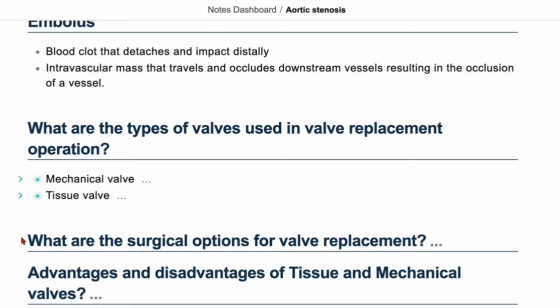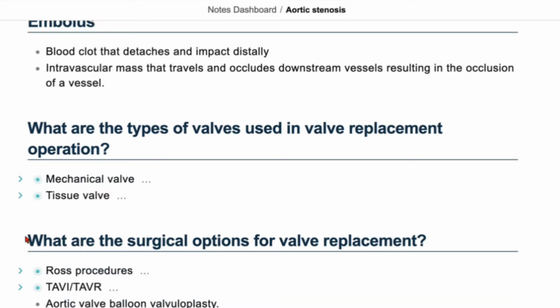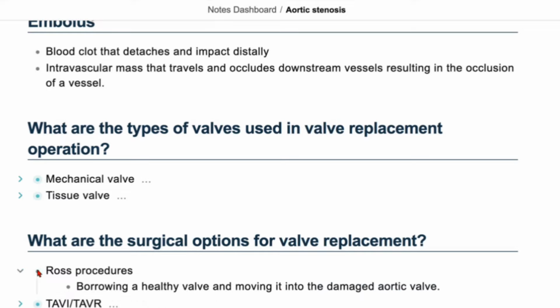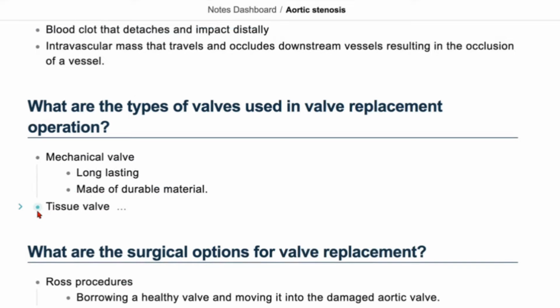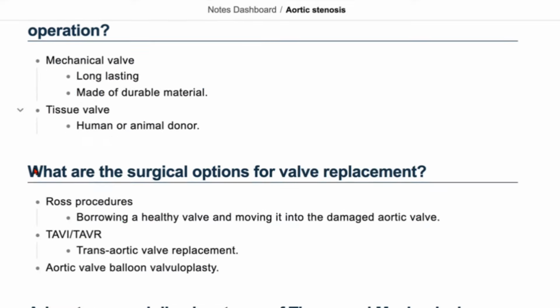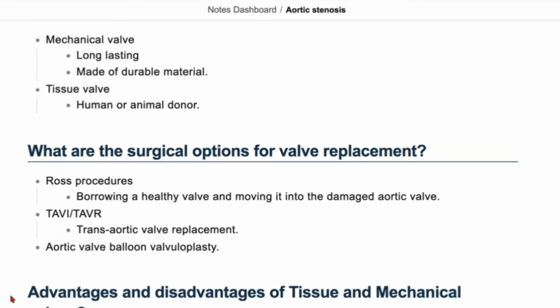So the mechanical valve is typically long-lasting and durable, it requires lifelong anticoagulation with warfarin, and it's also typically associated with mechanical noise such as a large click. The tissue valve is a graft from a human or an animal. It's less durable, there's no anticoagulation involved, and patients typically have a lower risk of PTE.